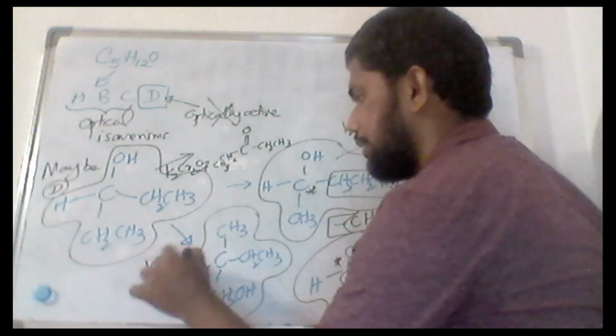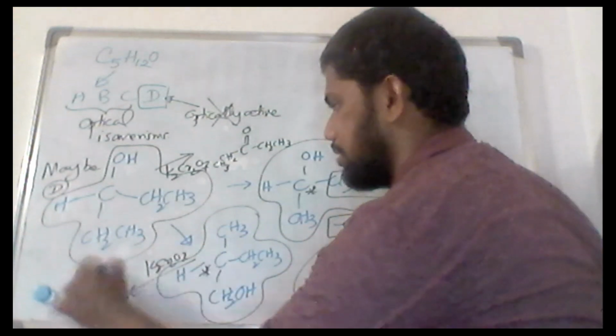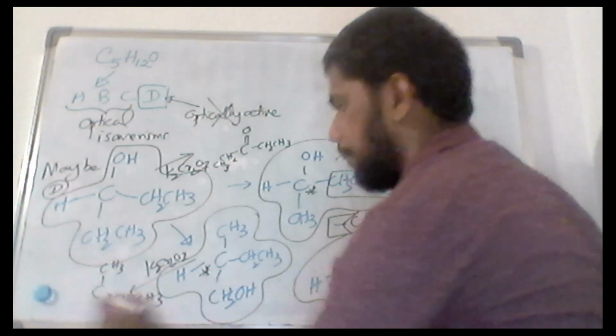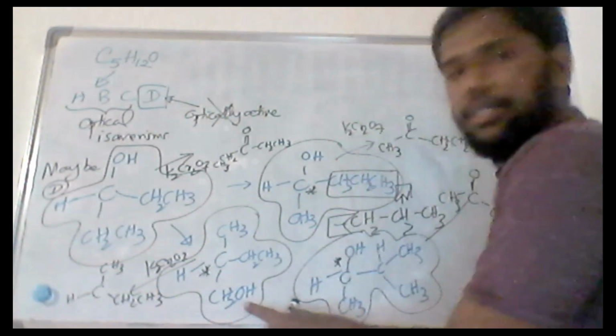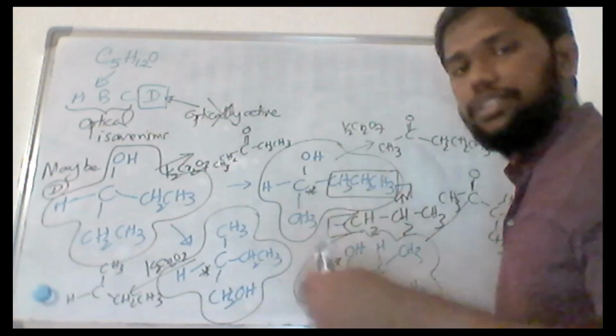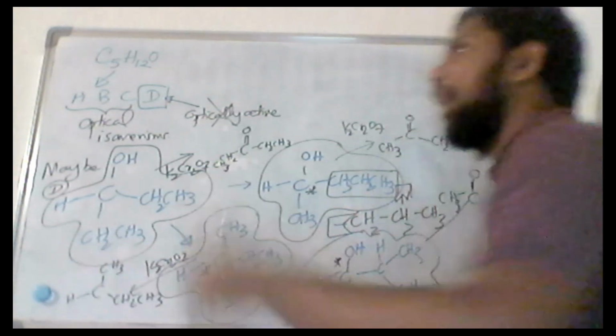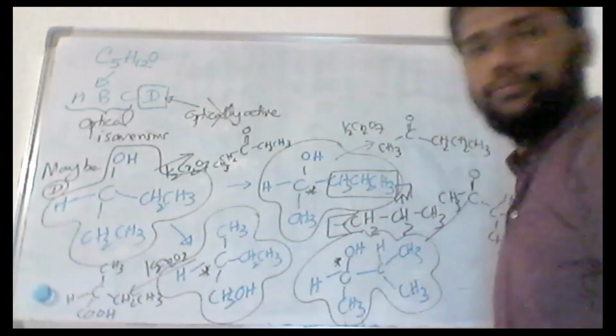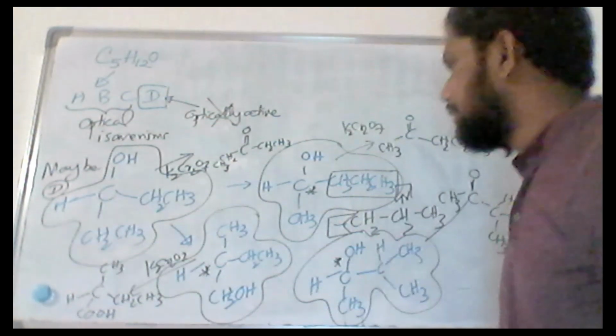This one also reacts with that and forms the CH3, CH2, CH3. But this is a primary alcohol here. When you add K2Cr2O7, first it will go towards the aldehyde, and finally it will be oxidized to carboxylic acid. So don't forget about that.